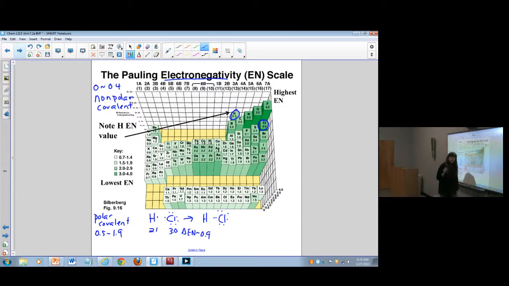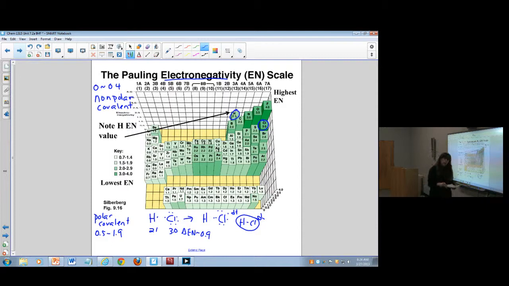And what does electronegativity mean? It means the ability of an atom to pull electrons towards itself. So in this case, the chlorine is more electronegative than the hydrogen. And so in our molecule, HCl, there's a partially negative pole down here where there's more electrons around the chlorine, and a partially positive charge at the hydrogen where there's less electron density.